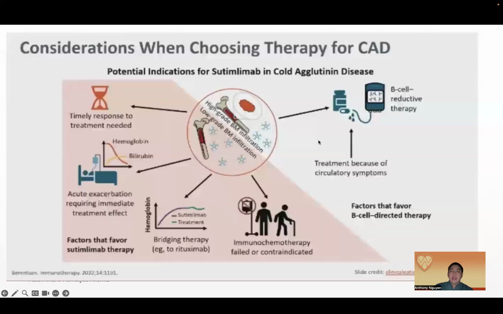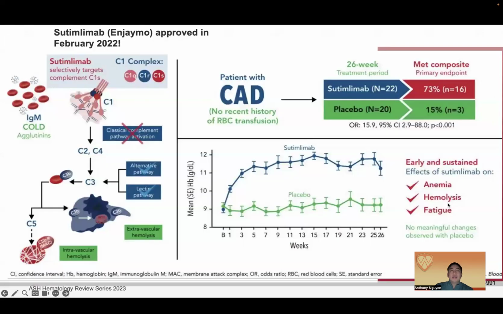If it's due to circulatory symptoms such as acrocyanosis or discoloration of extremities, we think about B cell reductive therapy like rituximab. And so sutimlimab is a medication that was approved in 2022.